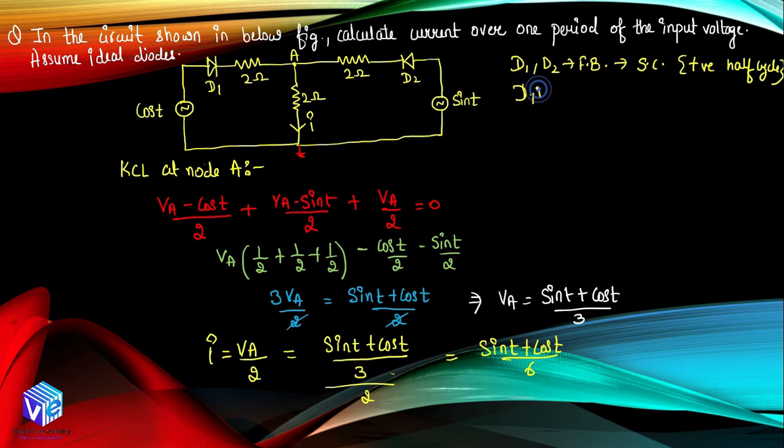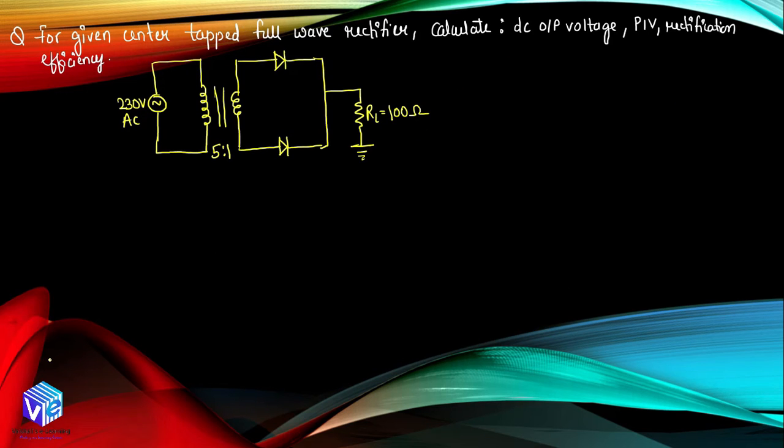The diodes D1 and D2 are reverse biased in the negative half cycle, and we consider them as an open circuit, right? So now in the negative half cycle, we will not get any current I over there, and we will be having zero current over here, right? So I hope you understood this question well. Now we can proceed and move on towards the next question.